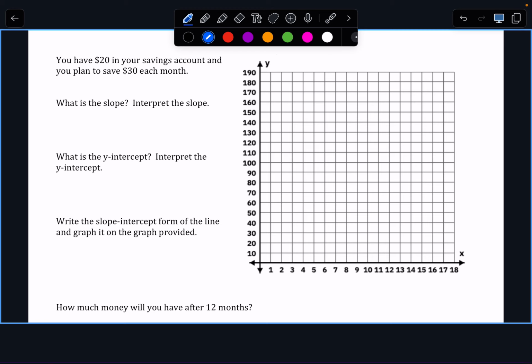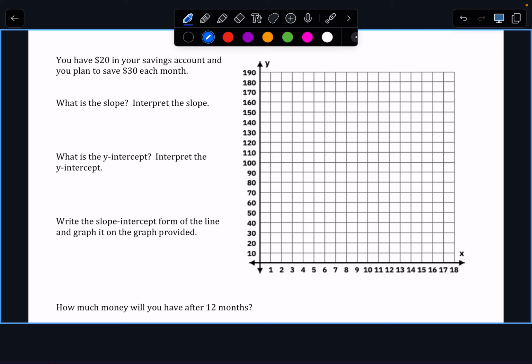With which number? 30. Okay, so our slope is 30. Interpret the slope. 30, what does that mean? It means we are saving $30 per month.